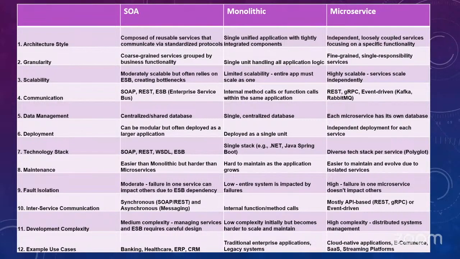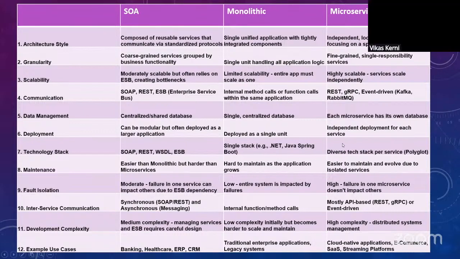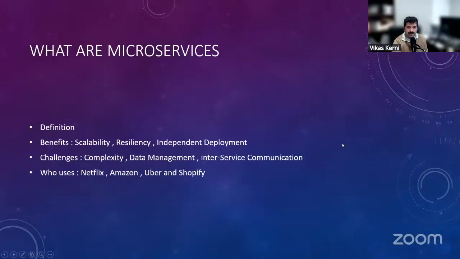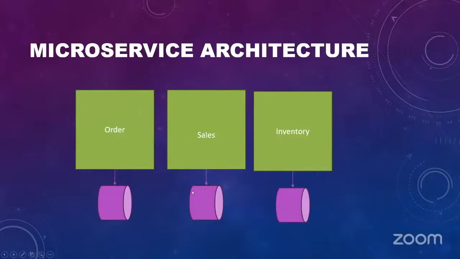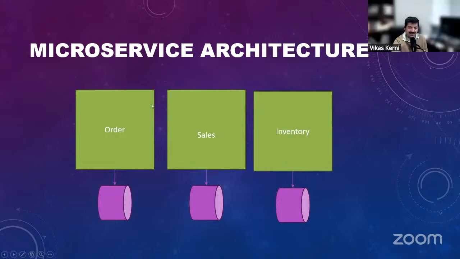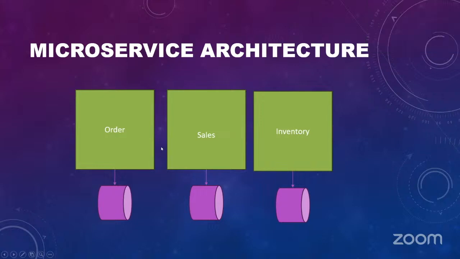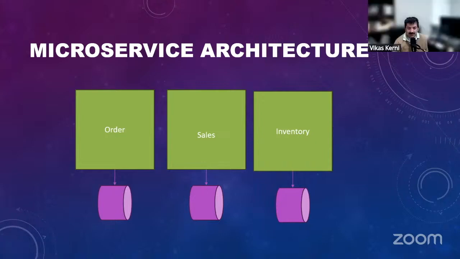So my question: how do we integrate one service with another service? Generally, order doesn't call the database directly. It calls the sales microservice. I'll come to that a little bit later, when we discuss more workflows.